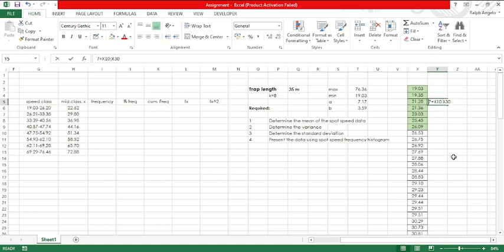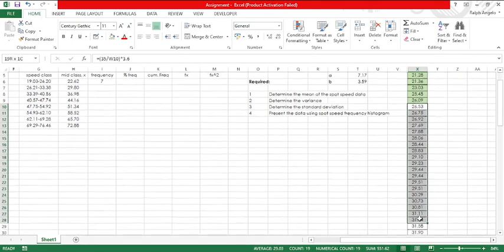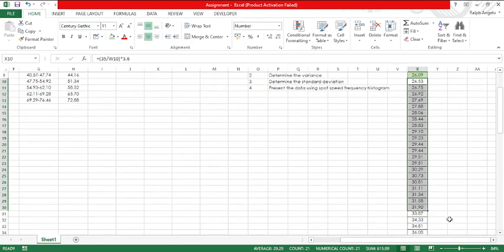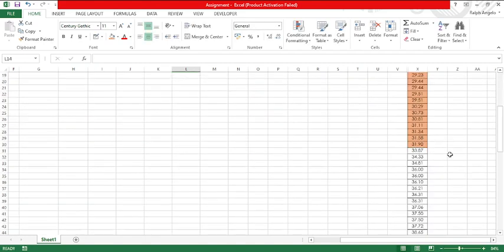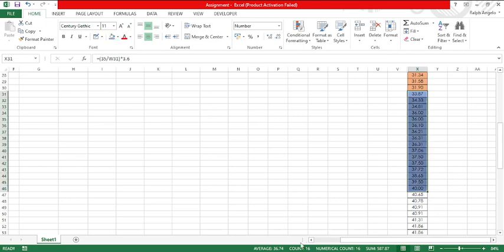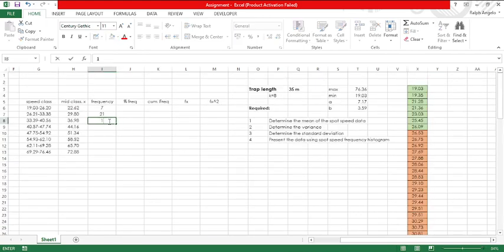Color it again, and look at the count: 21. So you put in here 21. Then 33.39 to 40.56, up to here, because 40.65 is already included in your next interval. Color it again to avoid confusion, and the count is 16. You have in here 16.